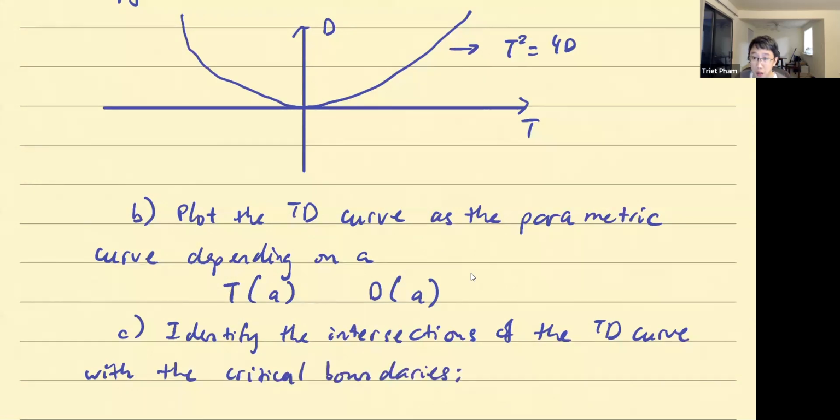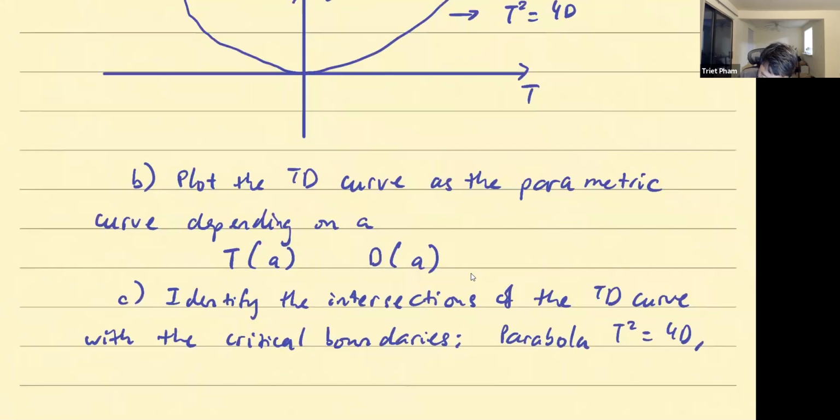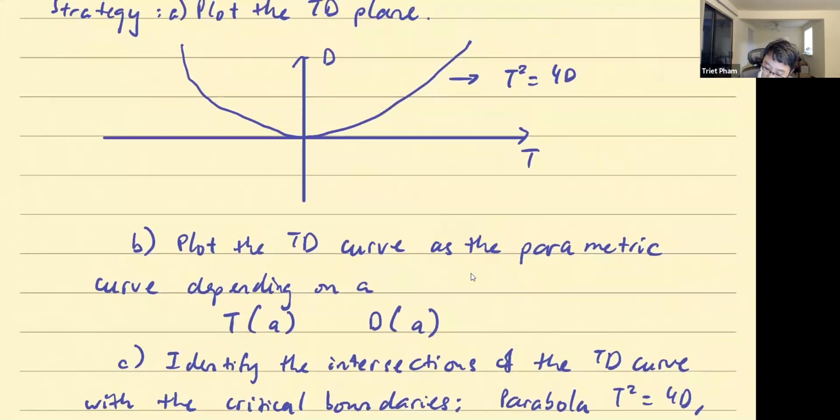There are three boundaries in total: the parabola, the positive d-axis, and the t-axis. And we'll go back and review.